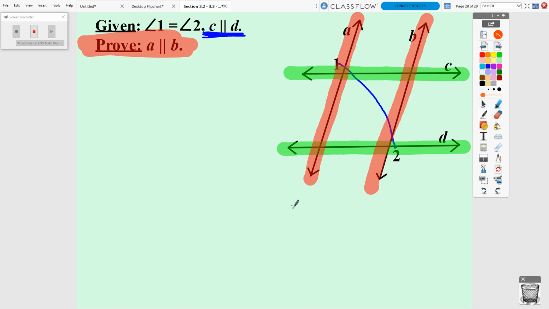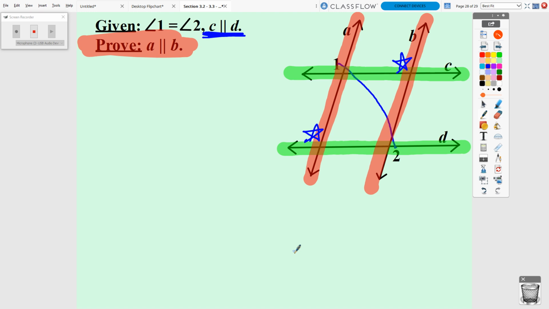Now, technically, there are 2 different corresponding angles to angle 1. There's this angle down here that's corresponding to 1, and then also this angle is corresponding to angle 1. But one of those is a solid connection because we can say that those are equal corresponding angles. And the other corresponding angle, I would have to say, is an incomplete connection because they're based on lines that aren't known to be parallel.